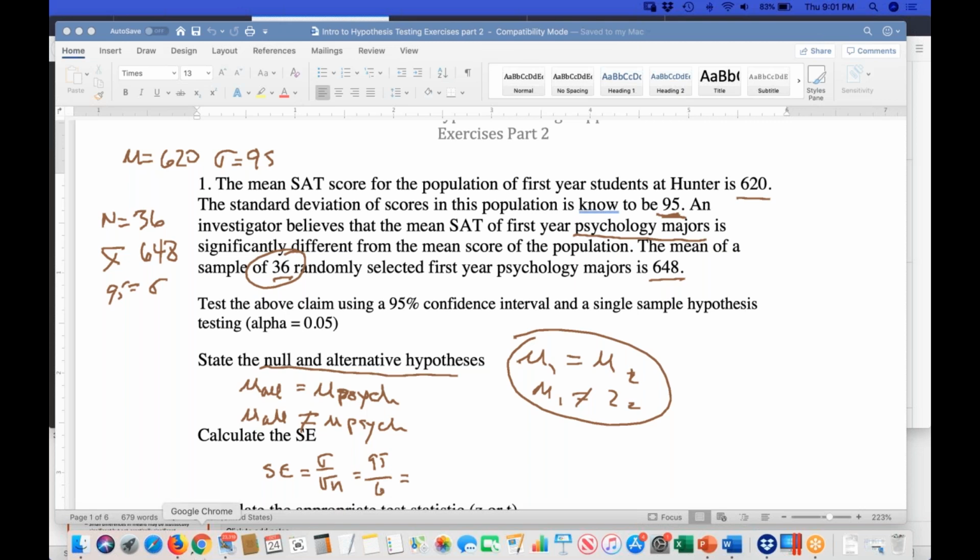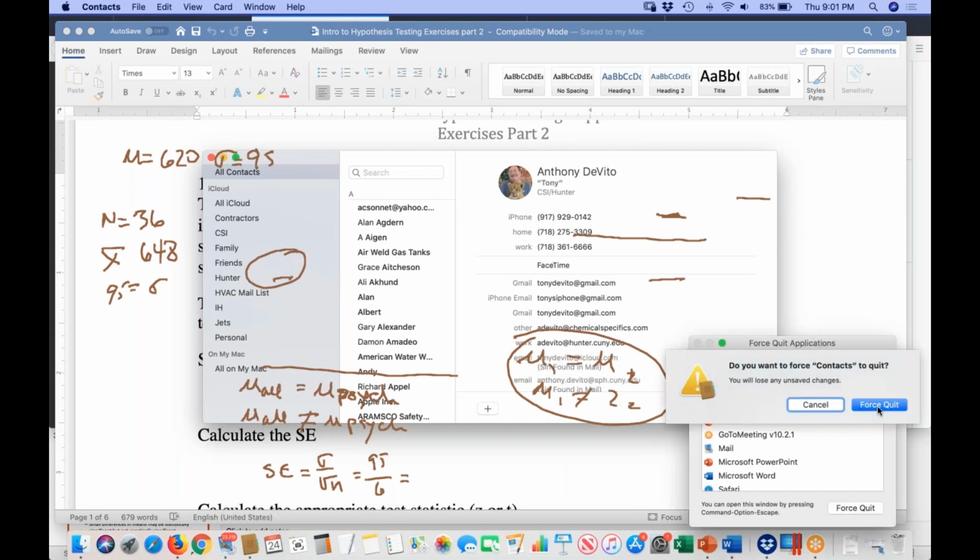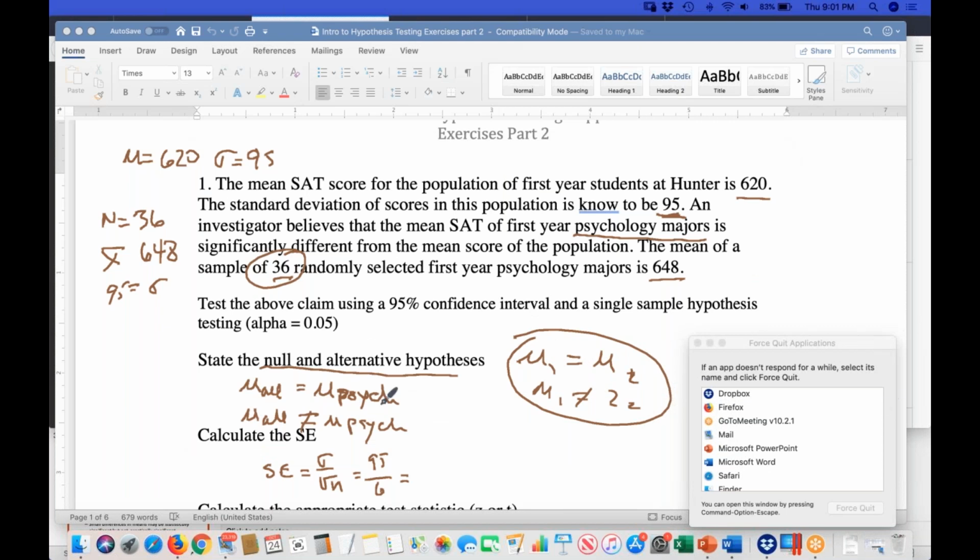So 6 into 95 is 15.8, good. Okay, equals 15.8.